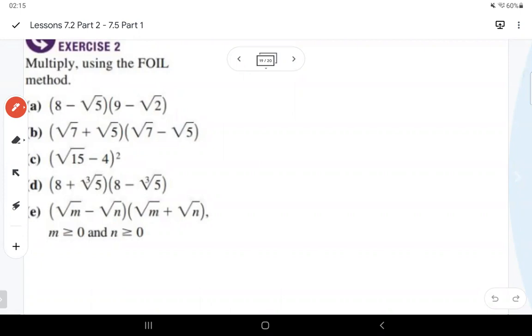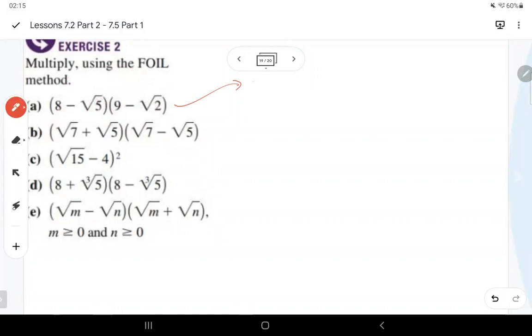All right, so now we're going to use the FOIL method. Remember, that's first, outer, inner, and last. And sometimes when you draw it correctly, it'll make like a little smiley face. So I actually need to get rid of these so that I can see what's going on.